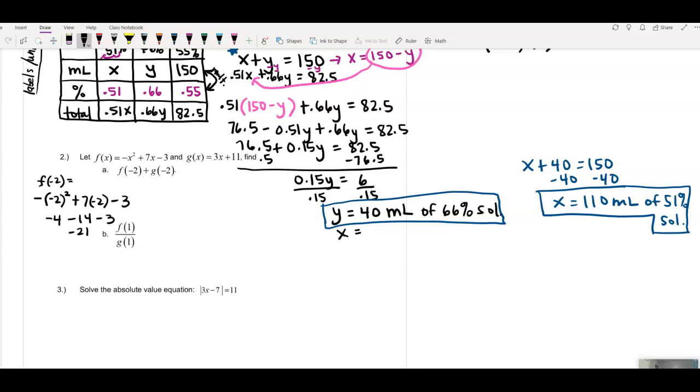All right, now I've got to go and do my g of negative 2. So now I'm using the g equation. So g of negative 2 is going to be 3 times negative 2 plus 11. So 3 times negative 2 is negative 6 plus 11 is going to give me 5. And then what do I need to do with my negative 21 and 5?